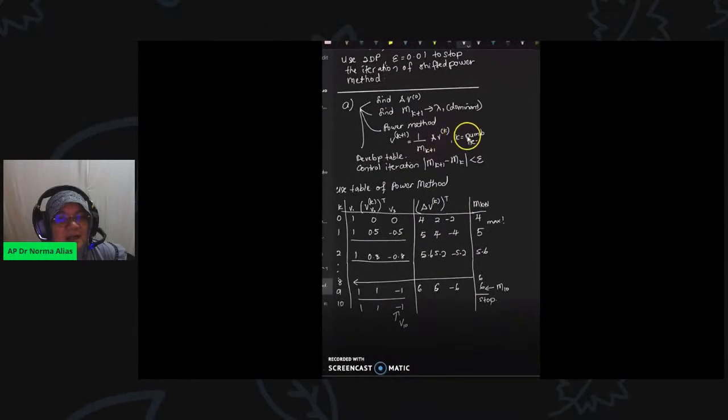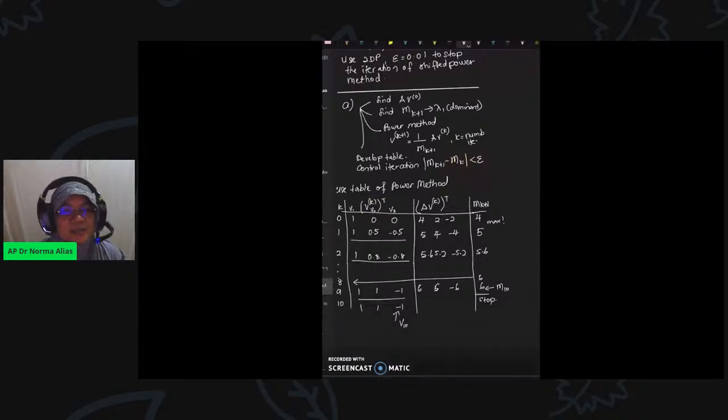You see here, the formula is V(k+1) equal to 1 over M(k+1) times AV(k). We already know how to use the power method. We know how to develop the matrix. M(k+1) is the dominant value from the matrix multiplication AV.